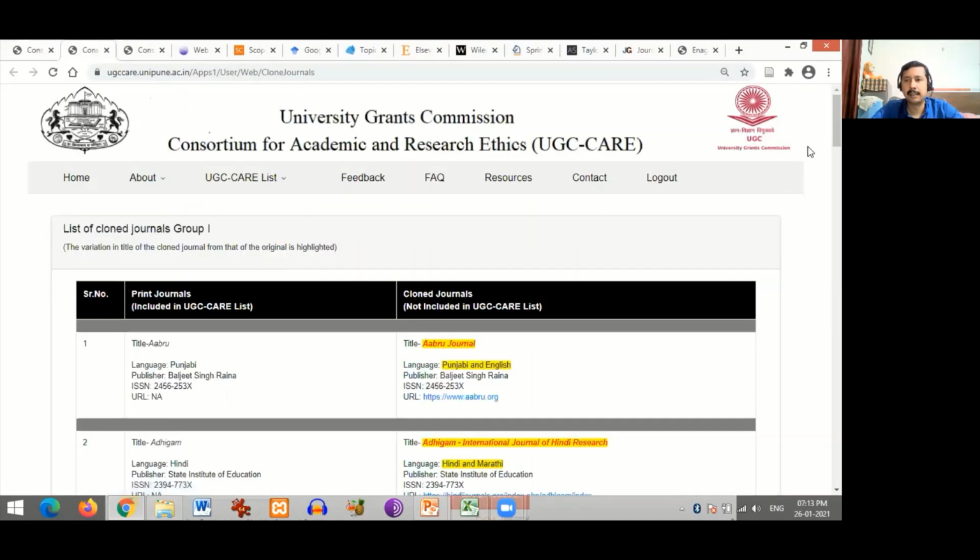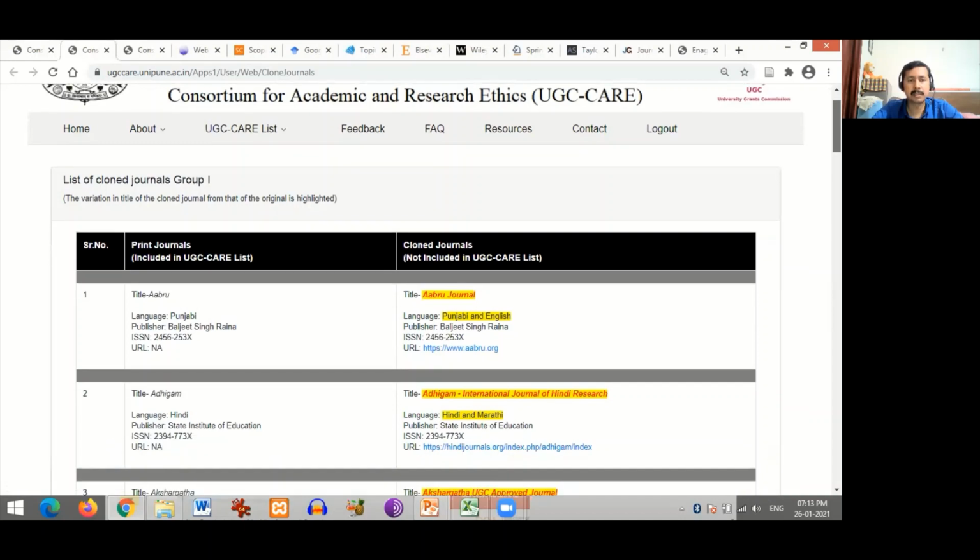I can show you an example. If I click on group 1, you will find that some cloned journals are included here. For instance, print journals. These are the print journals which are included in UGC Care list. These are genuine. For instance, Abru is a Punjabi language journal which is published in print only. Whereas you find a cloned journal, a duplicate journal with the name Abru Journal, which is having a website.